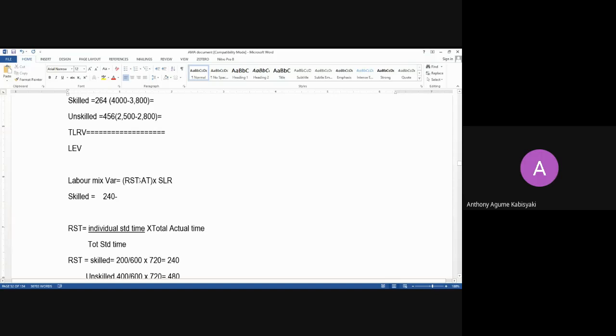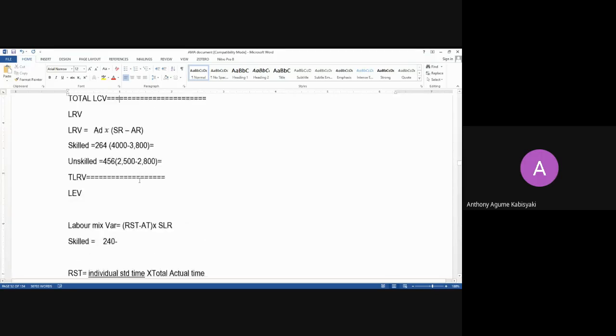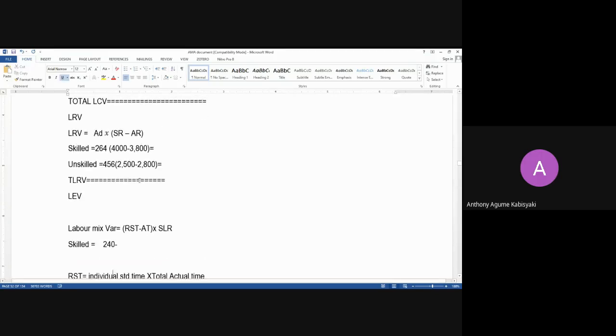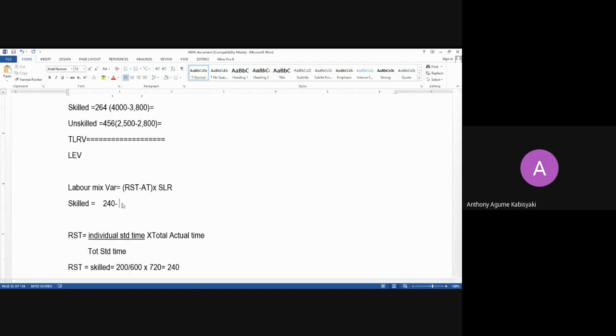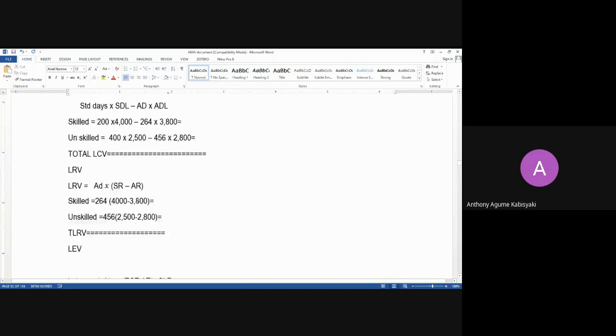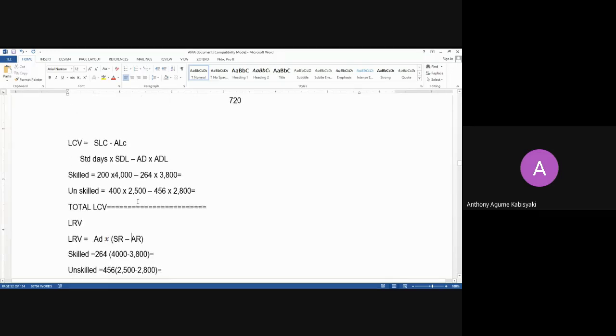The actual time for skilled was 264. Then you multiply this by the standard labor rate, which was 4,000.